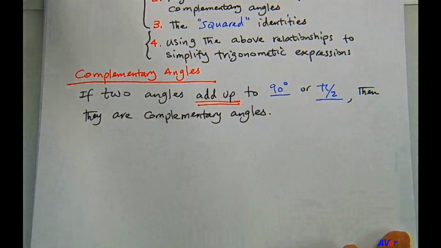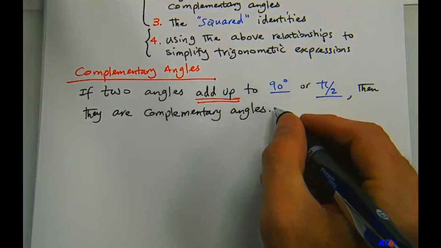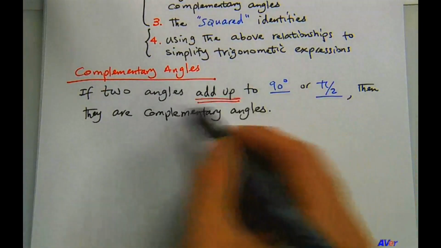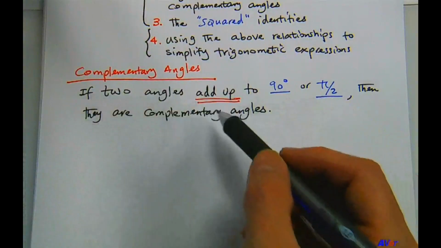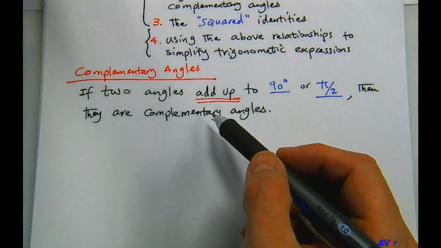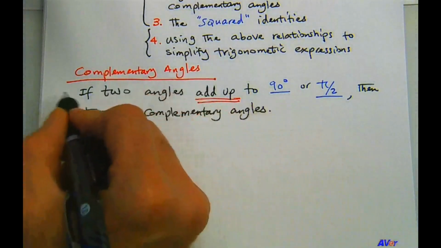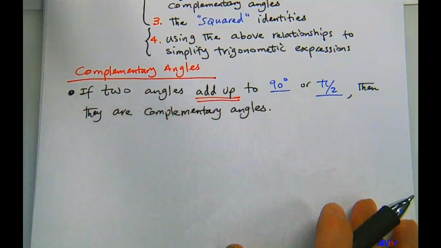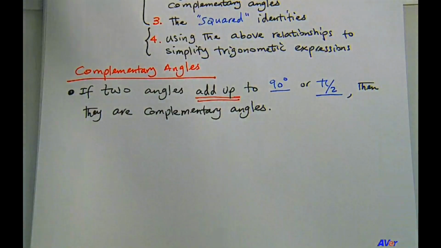Okay, so let's write this down. So we described it. Now we're going to write it down in symbolic form, but we're going to say the same thing that I've said in this sentence in symbolic form.